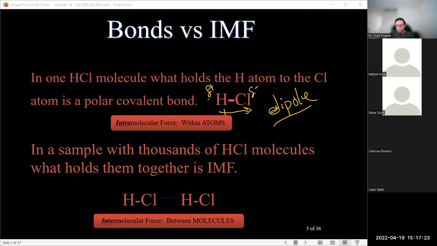So we're having a partial positive and a partial negative side. Guess what? It will interact with other molecules because a partial negative will interact with the partial positive of another molecule, resulting in this interaction here, this intermolecular force between two molecules of hydrochloric acid in this case.